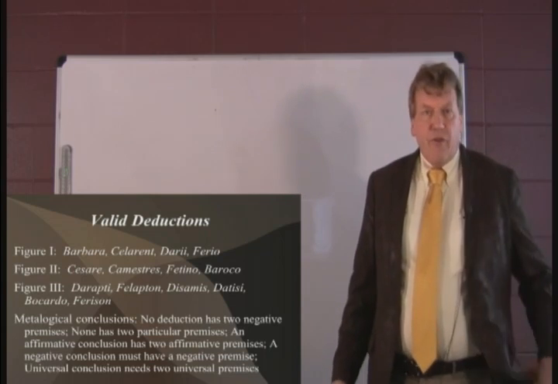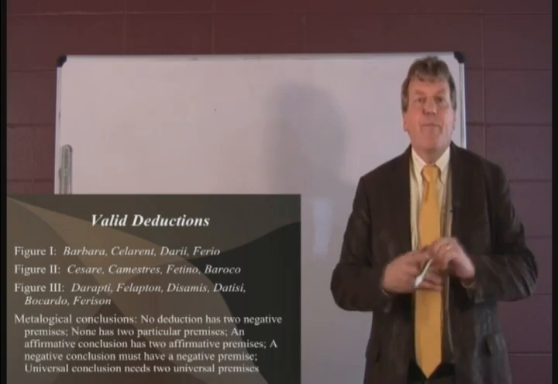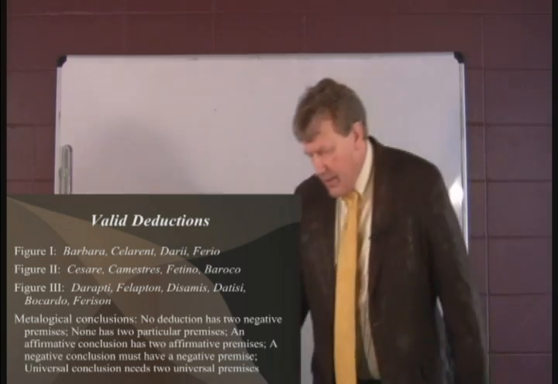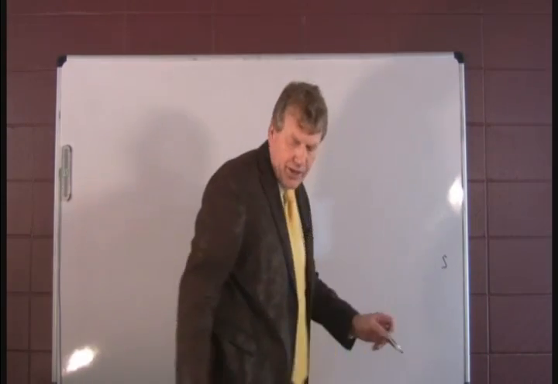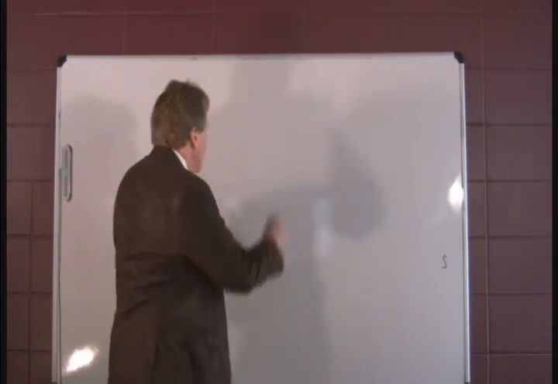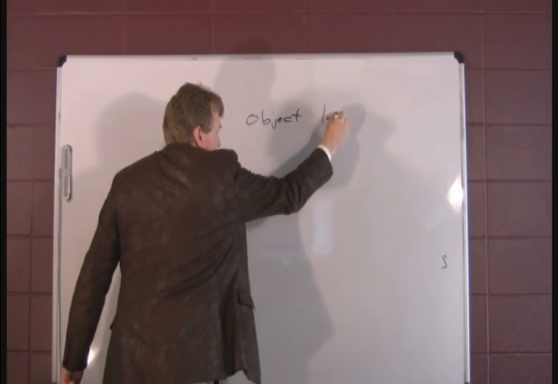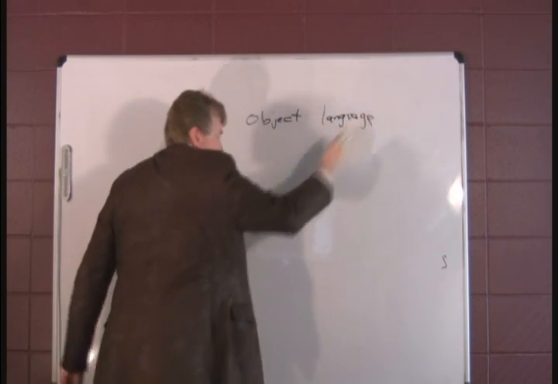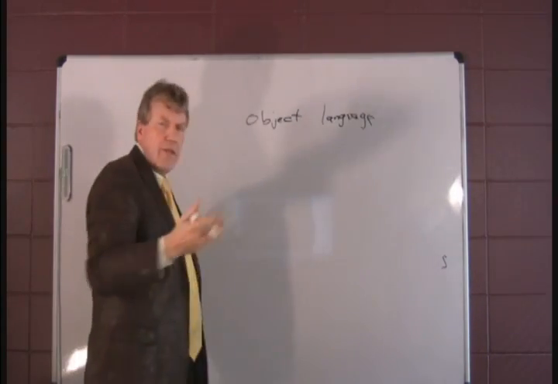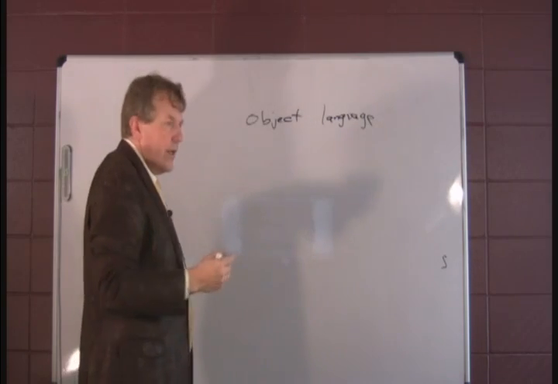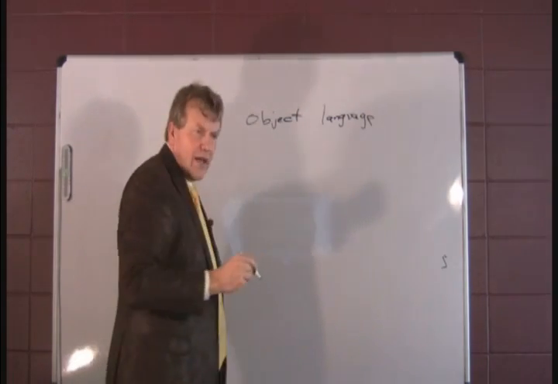Okay, now from this comes a lot of metalogical conclusions. Now, when I talk about metalogical, you're saying, what does that mean? It means beyond logic, but you have to see that logic makes use of an object language. The object language is the A-E-I-O. All S's are P, no S's are P, some S's are P, some S's are not P. But we can talk about the object language with a language beyond the object language.